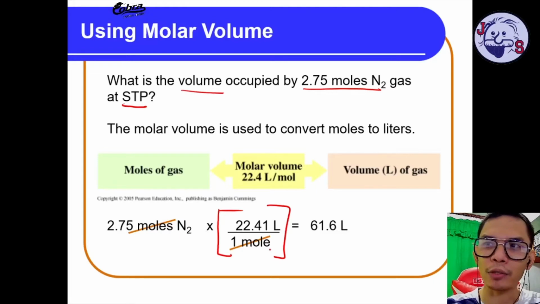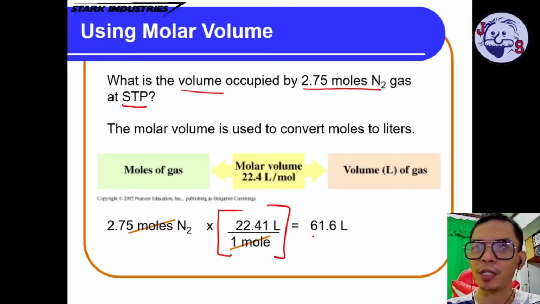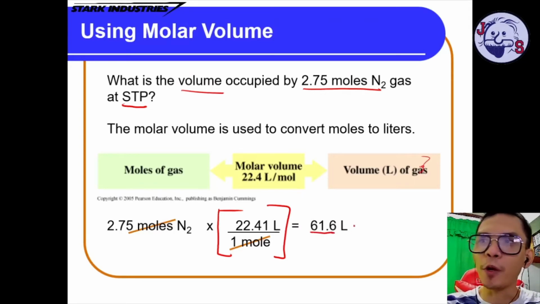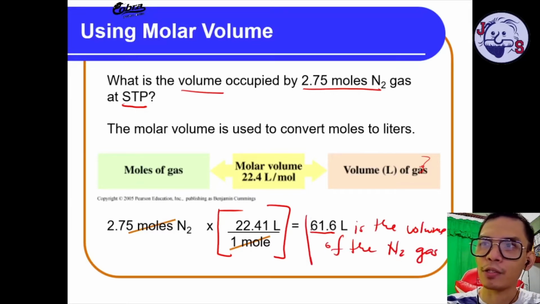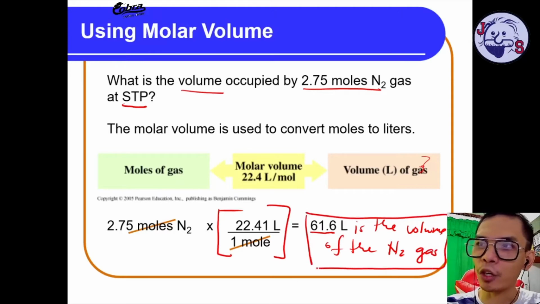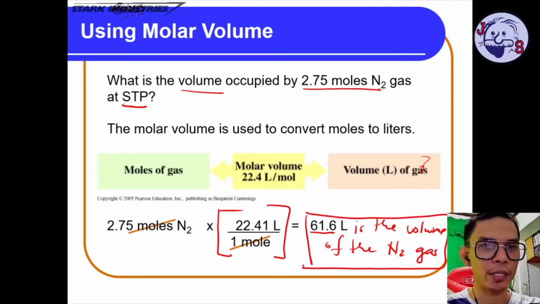We cancel out the moles, and 2.75 multiplied by 22.41 liters, the answer will be 61.6 liters. With 3 significant figures, the complete answer is 61.6 liters, the volume of the N2 gas. That is the correct and complete answer for this problem.